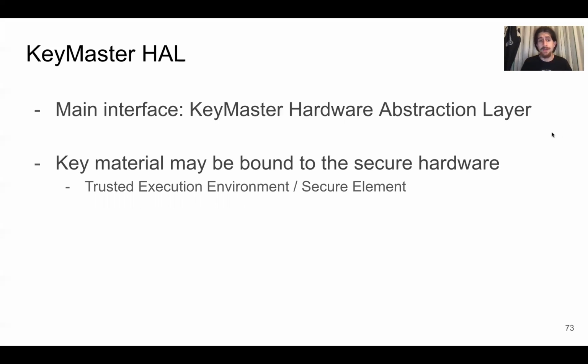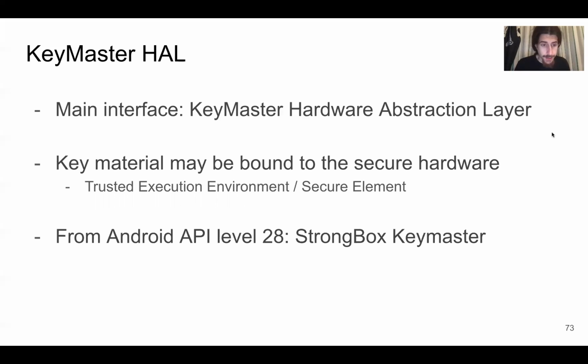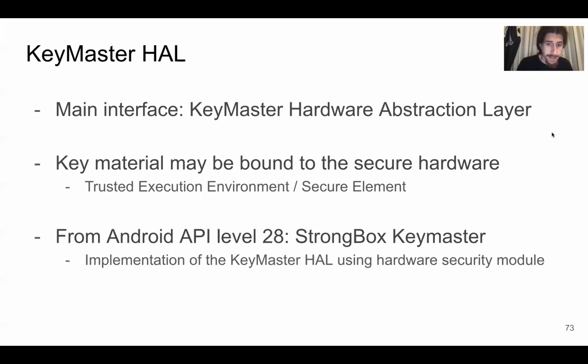In our case, the one we are interested in is actually TEE-backed and secure element based key store. And yeah. And then from recent versions of Android, you have this StrongBox keymaster, which is an implementation of this keymaster hardware abstraction layer that uses hardware security modules. Okay. So in recent APIs, you can have this interface.